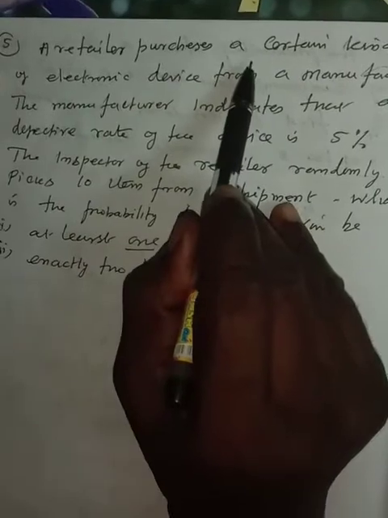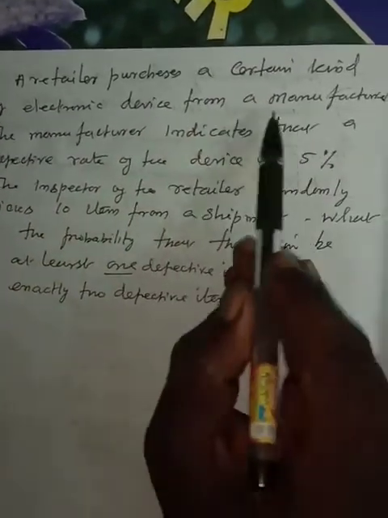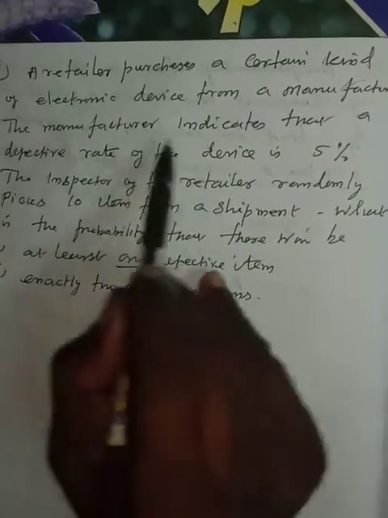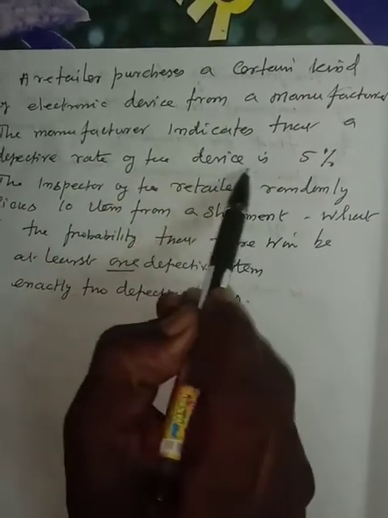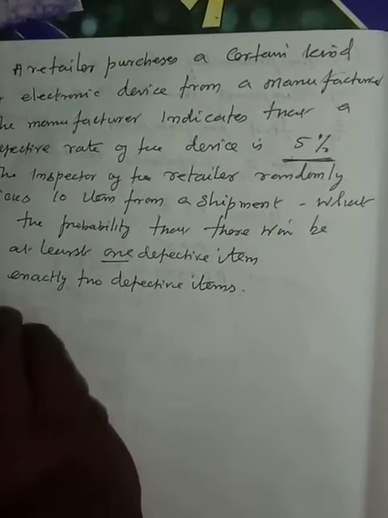A retailer purchases a certain kind of electronic device from a manufacturer. The manufacturer indicates that the defective rate of the device is 5%.